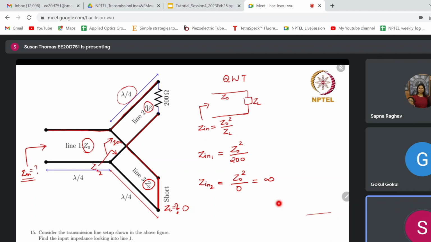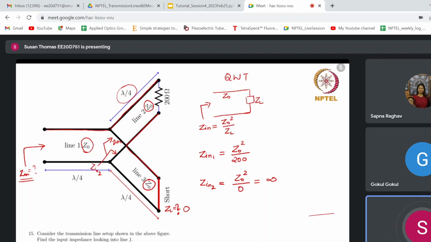Now, look at how this line is being connected. So, it is like Zin1 is coming in parallel with Zin2. Okay. So, what will be the resultant? Zin1 is coming in parallel with Zin2. Okay.